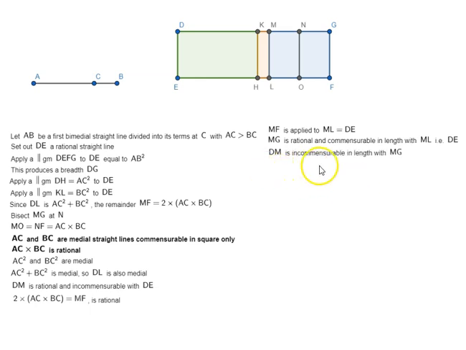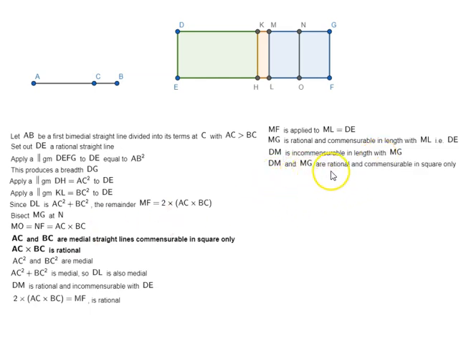That means DM is incommensurable in length with MG. How did this come? Because DM is rational and incommensurable with DE, and MG is commensurable with DE. So when we combine these two, we get DM is incommensurable in length with MG.